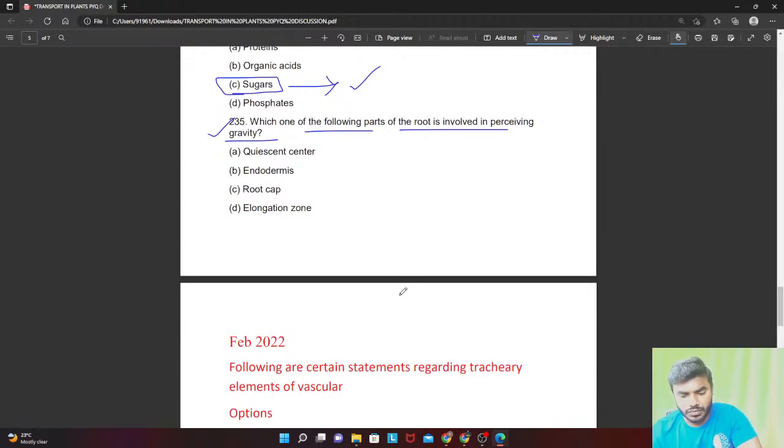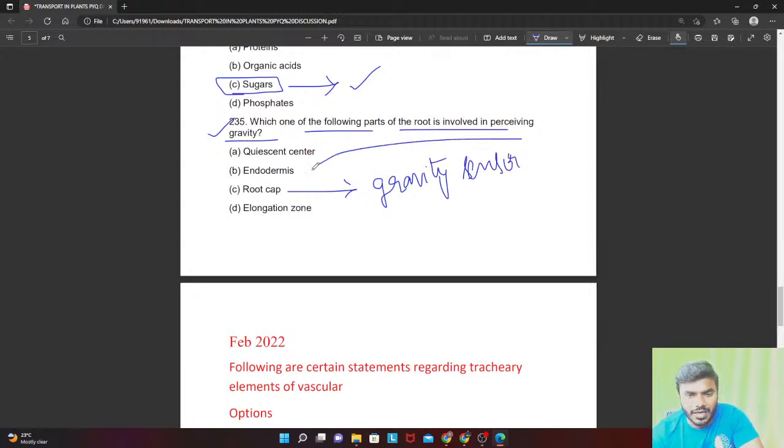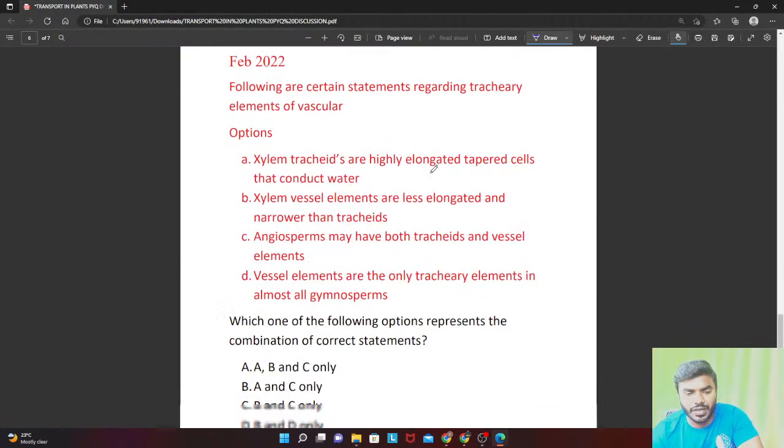Answer. Obviously C. Why? Because, friends, we have studied multiple times. Root cap consists of what? Gravity sensor. Correct? So that gravity sensor only, friends, perceives the gravity. Very good.